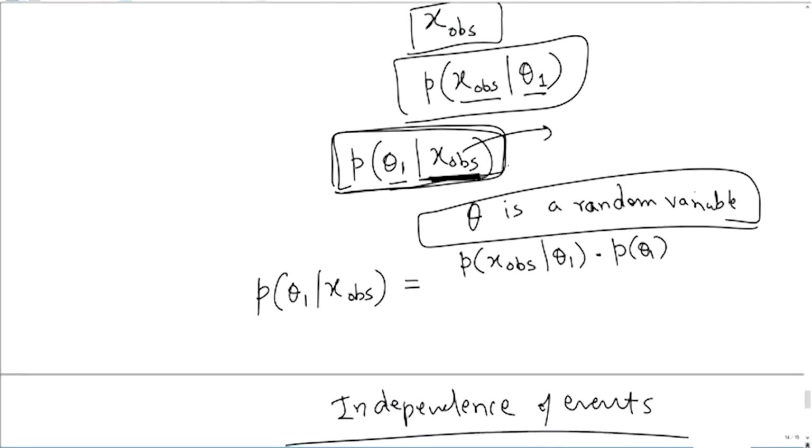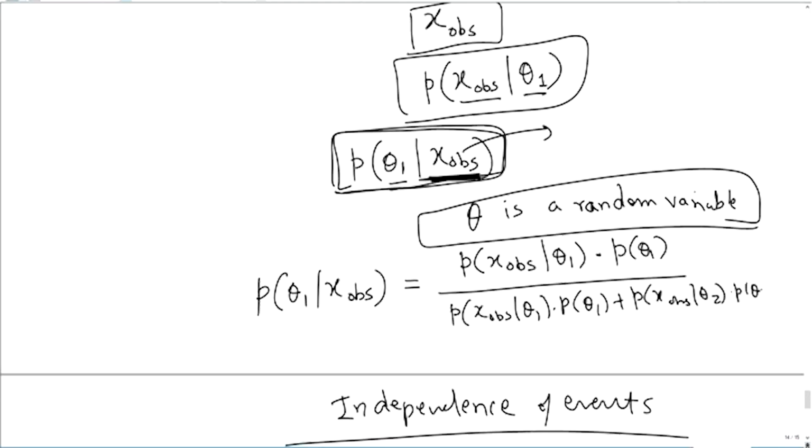So in this case, the numerator is this, probability of x obs given theta 1 into probability of theta 1. Now the denominator would be probability of x obs given theta 1 into prior probability of theta 1 plus probability of x obs given theta 2 into prior probability of theta 2 and so on.